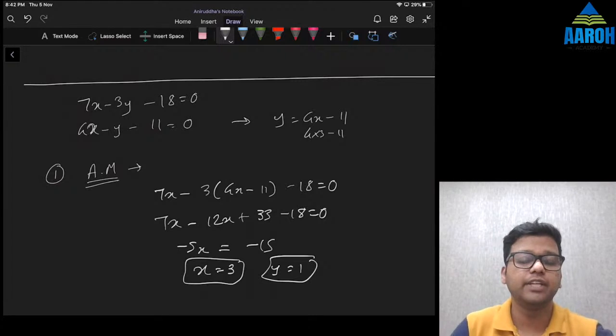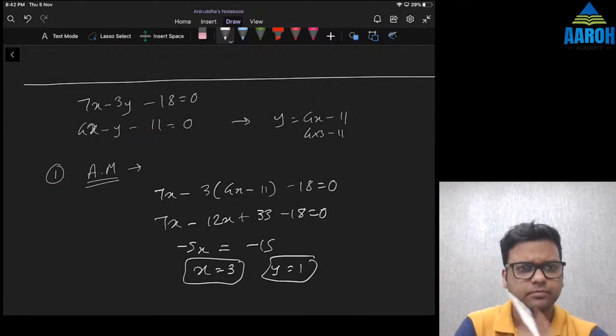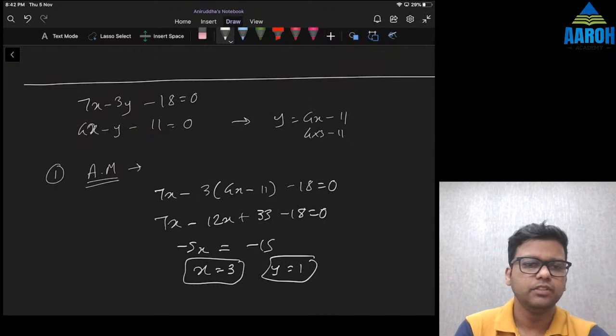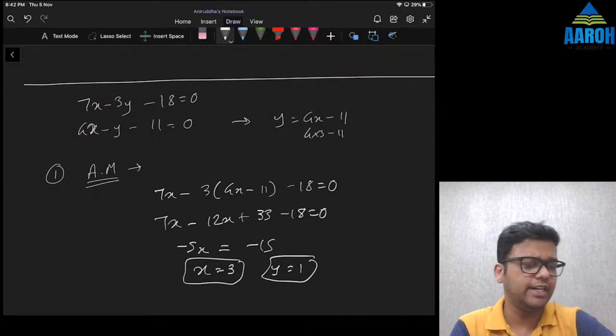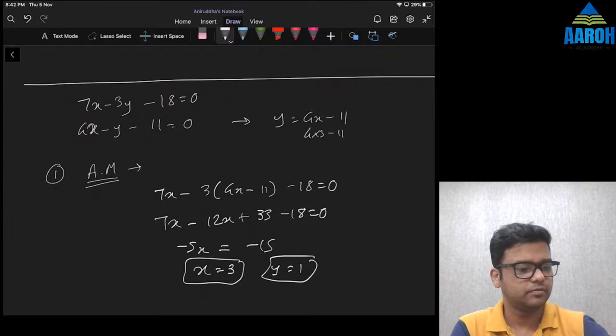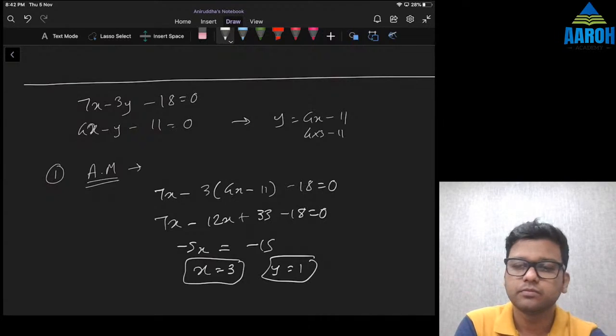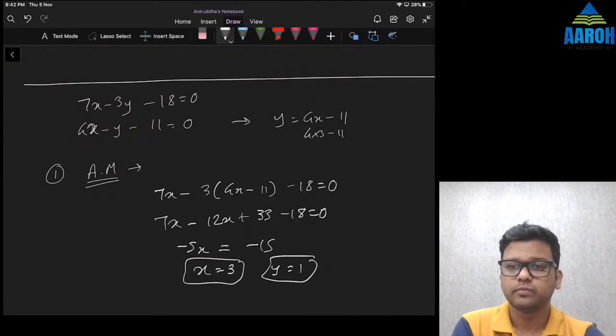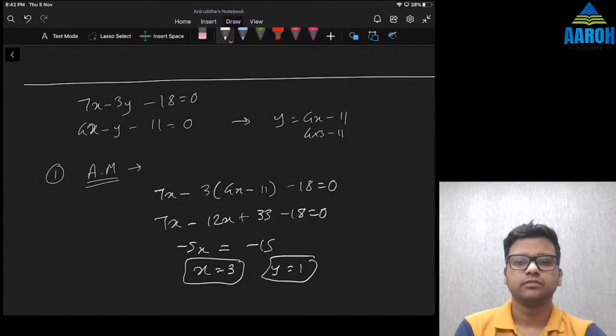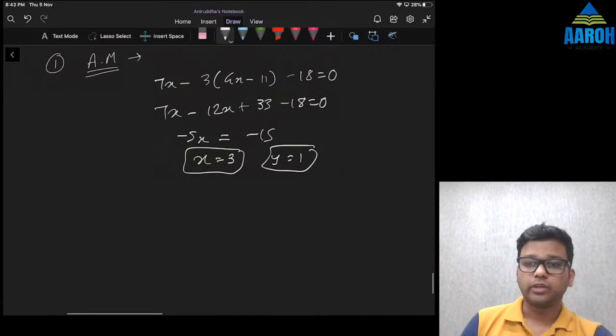Check if everyone is getting y equal to 1 and x equal to 3. Simultaneously solving them, we get y equal to 1 and x equal to 3. Okay, I hope everyone is getting this.